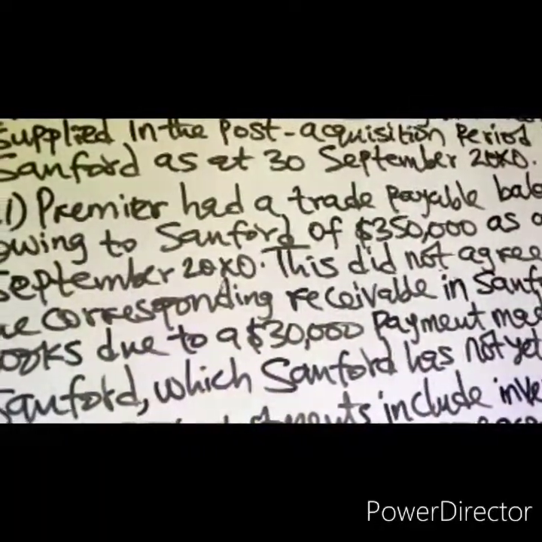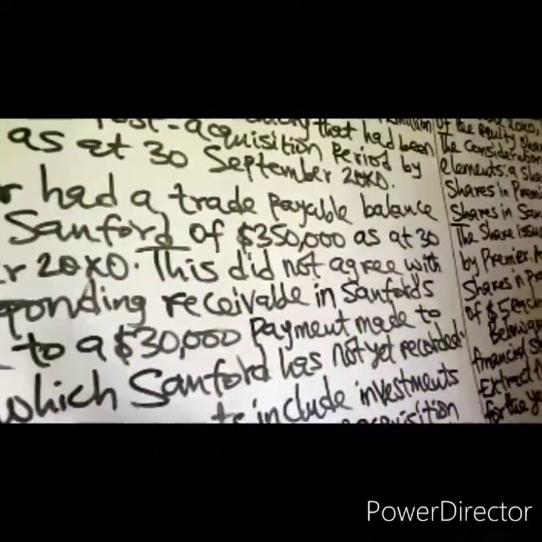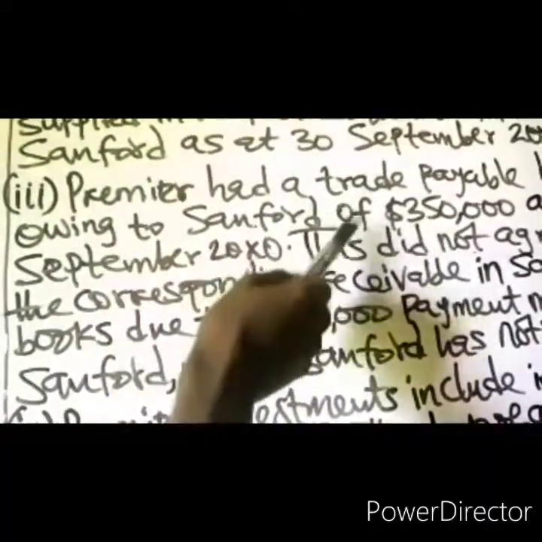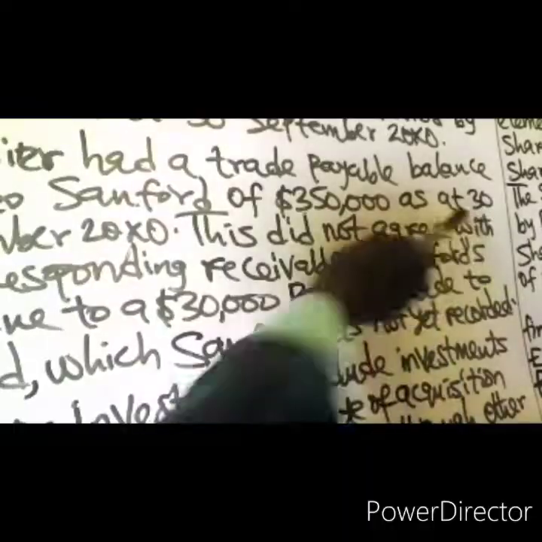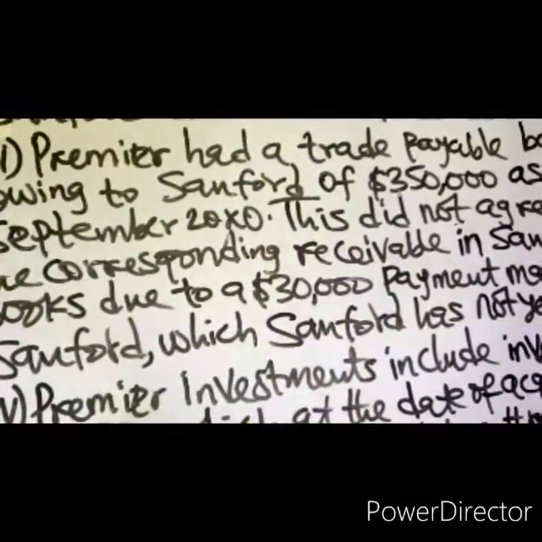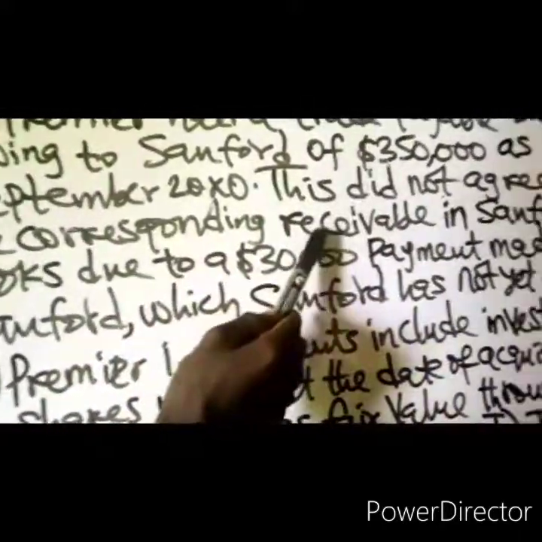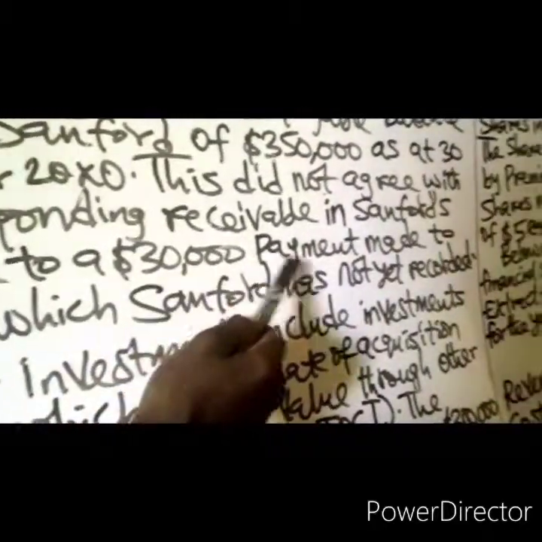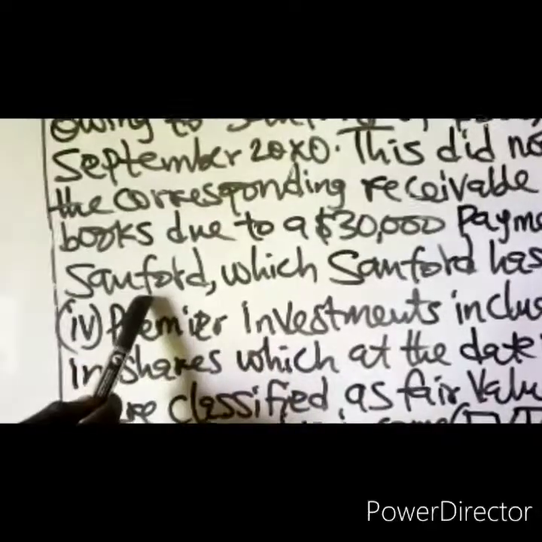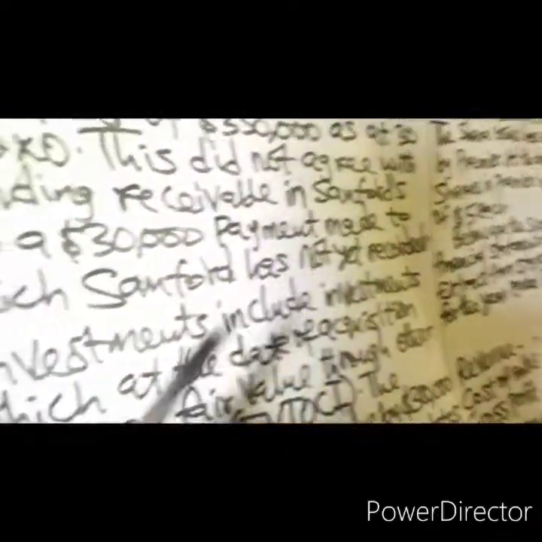Note 3. Premier had a trade payable balance owing to Sanford of $350,000 as at 30 September 2020. This did not agree with the corresponding receivable in Sanford's books due to a $30,000 payment made to Sanford, which Sanford has not yet recorded.